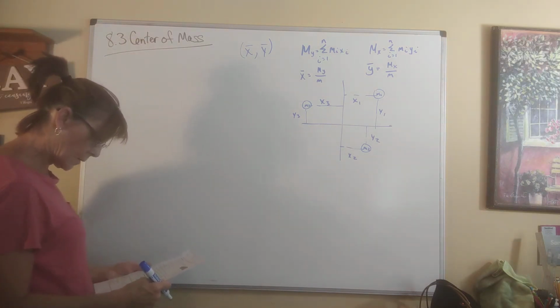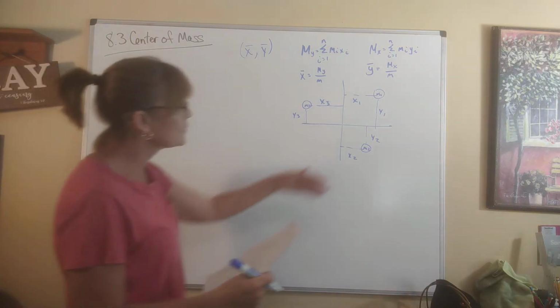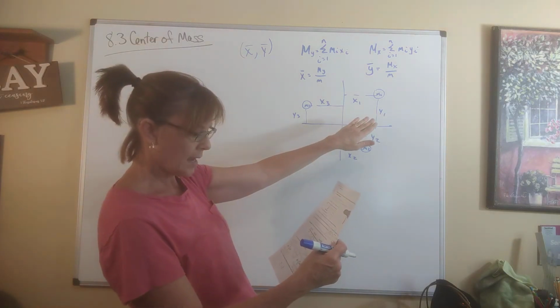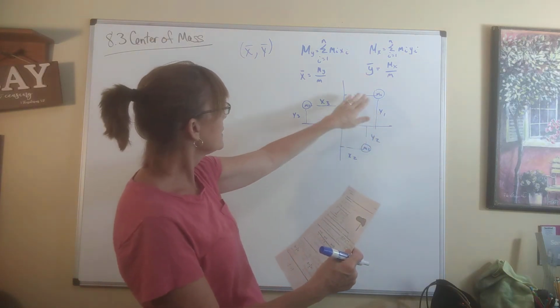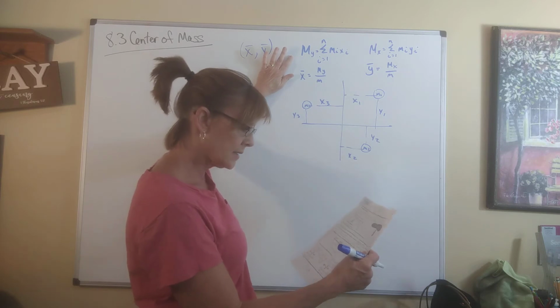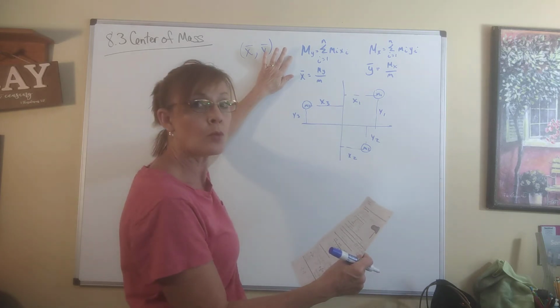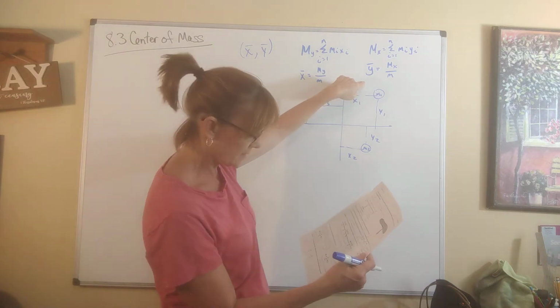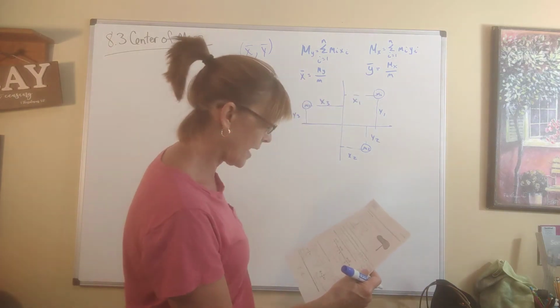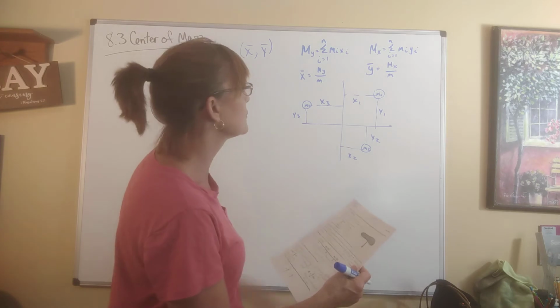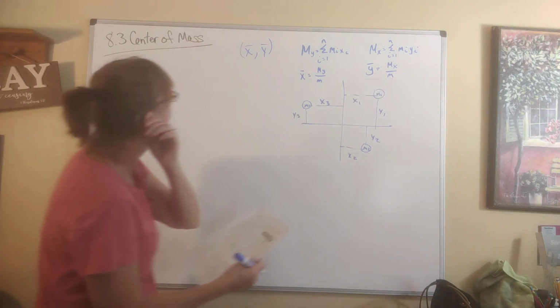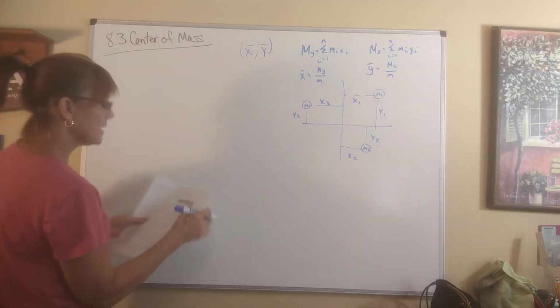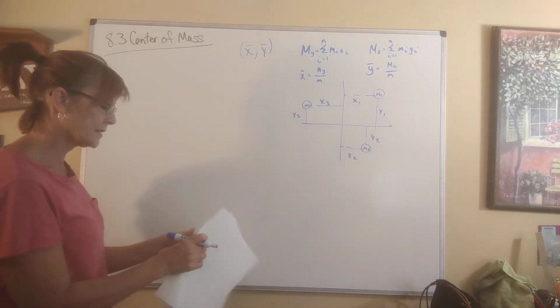And so in words, if you want to write this down, m sub y is the moment of the system about the y-axis. M sub x is the moment of the system about the x-axis, or the tendency of the system to rotate about the x-axis.